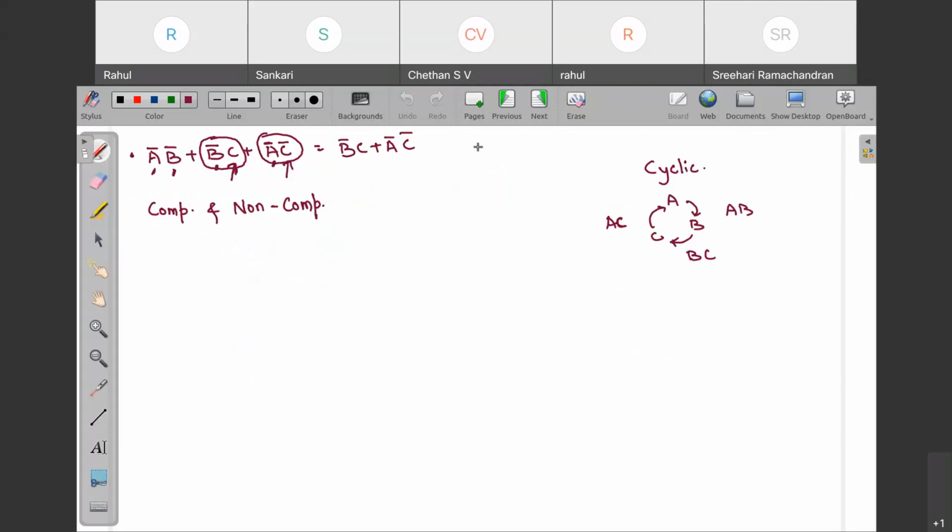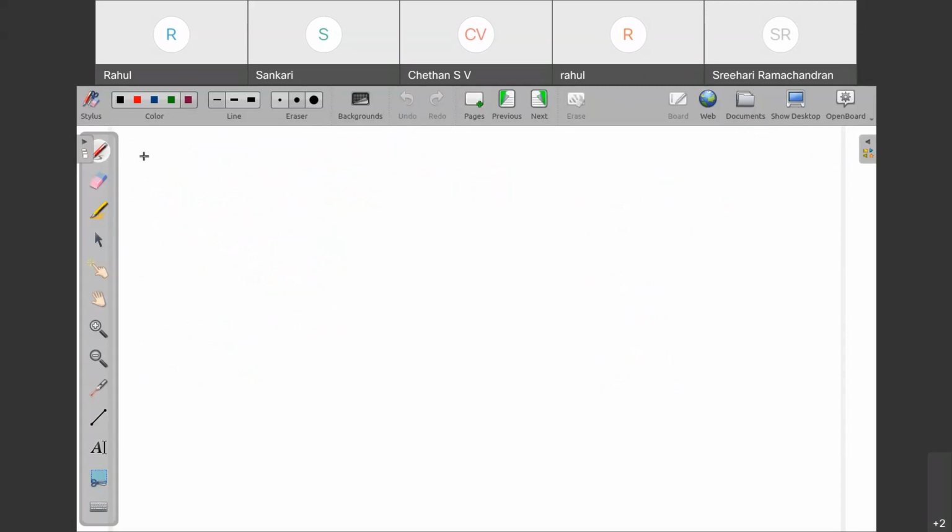Now one more kind of expression in consensus law, it might be asked like this. So again for this one, this is written in what? You can see this is in POS form. We will see what is POS form and what is SOP form in the next slide.